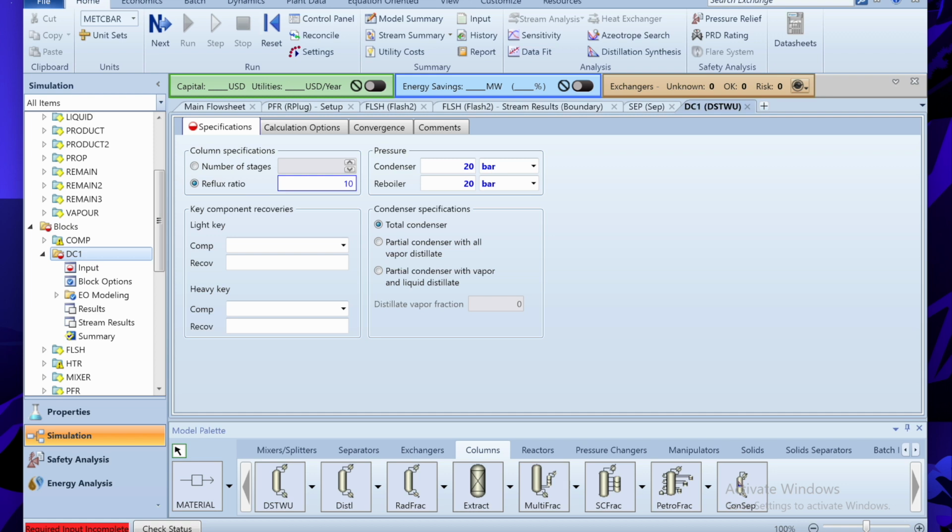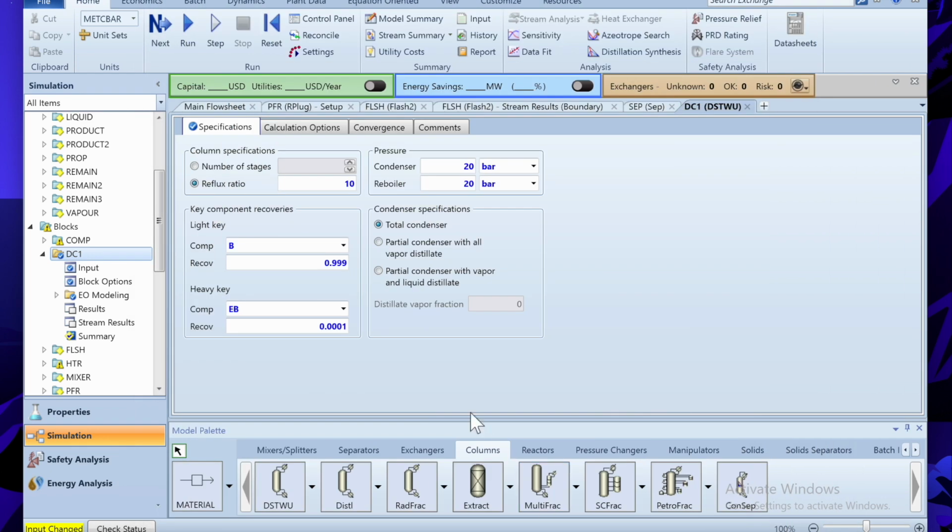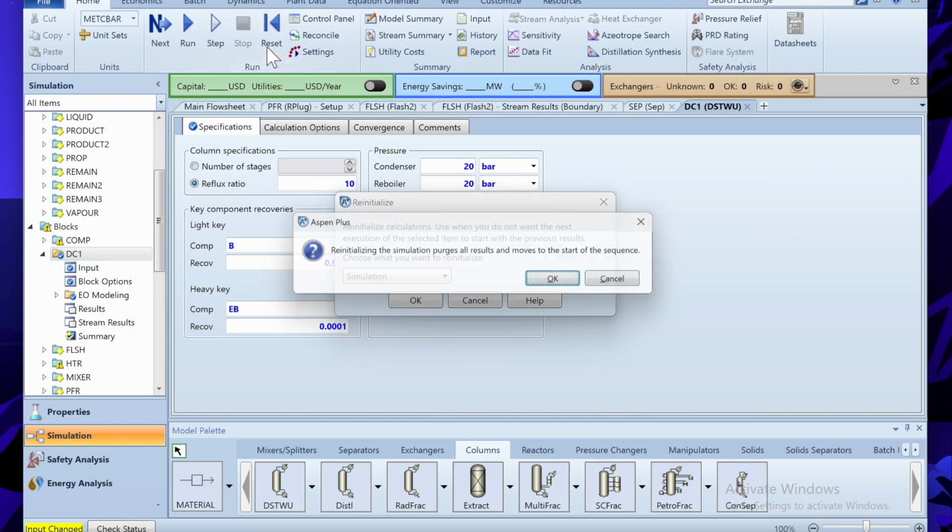Reflux ratio should be between 1 to 10, so I'm taking 10. The light component is benzene, the heavy component is EB, correct, 0.0001. So check it. Yes, everything is correct.